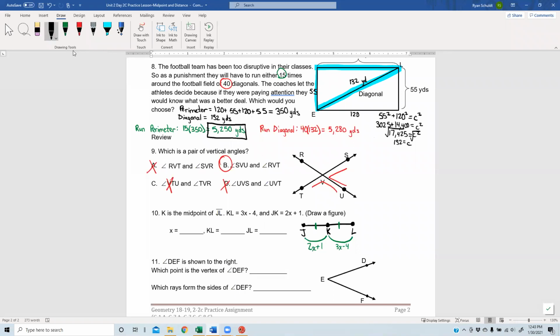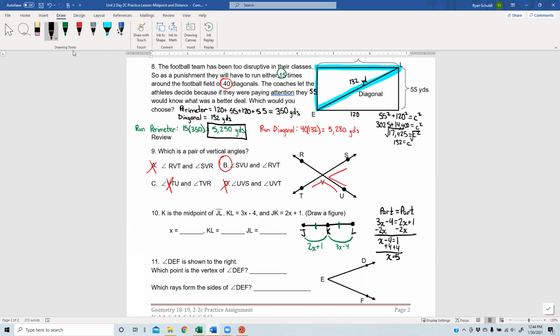Which means to get x, I set these equal to each other. I have to use the fact that the first part is equal to the second part. So let's set our equation up. 3x minus 4 equals 2x plus 1. Subtract the 2x from both sides. Get x minus 4 equals 1. Add 4. x equals 5.